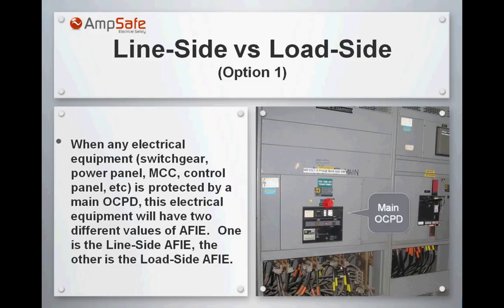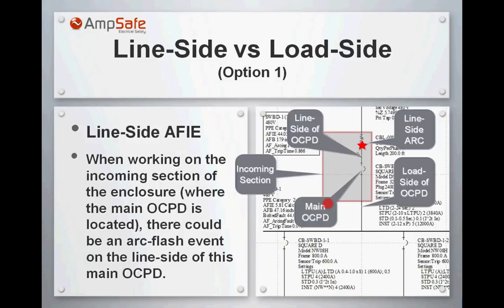When working on that incoming section, you could have an arc flash located before the breaker, right there. That's called a line side arc, okay? And the result of this will be substantially different than if you have an arc at the load side of this breaker.